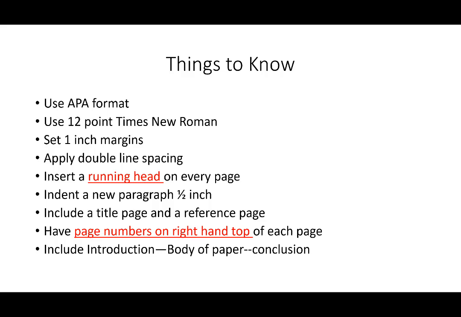So even your title page will have a page number, number 1, so that when I look at every one of your pages, I can look up onto the right-hand top of the page and see a page number. You're going to include in your paper an introduction, the body of the paper, and a conclusion, and of course, a reference page and so on.